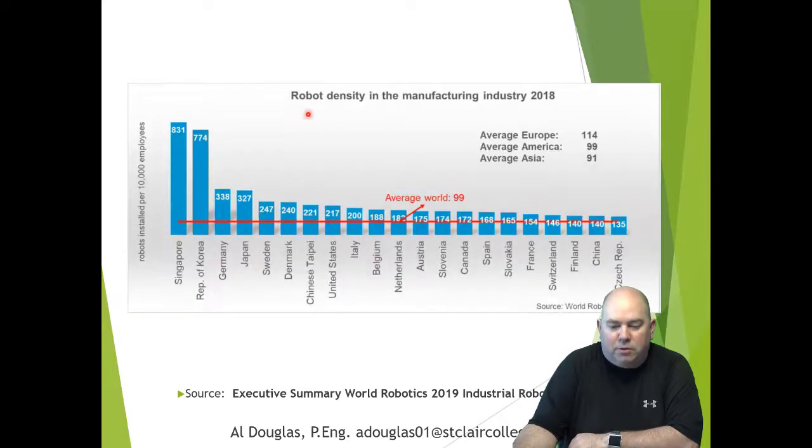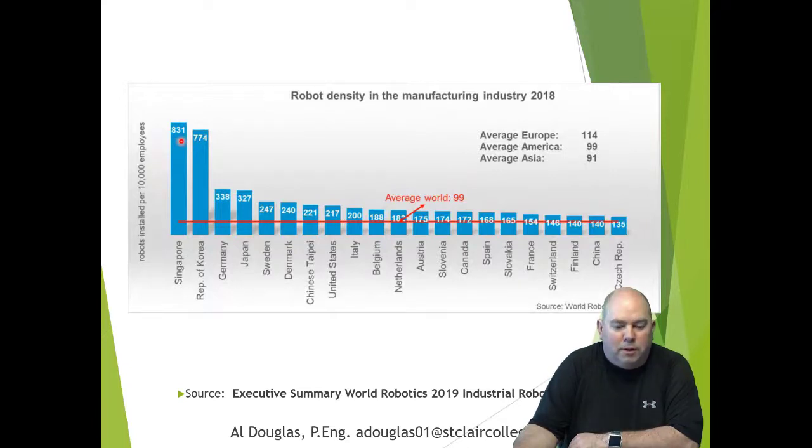Now this is a really interesting one here. This is robot density in manufacturing. So what this means is how many robots you have per 10,000 actual manufacturing employees. So this takes into consideration how many manufacturing employees there are. When you look here, Singapore, for every 10,000 employees, they have 831 robots.